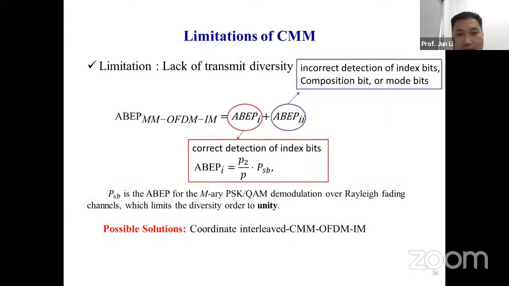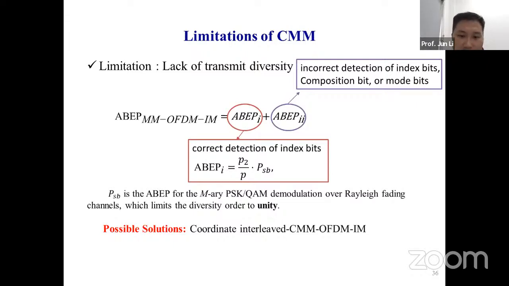This is the last slide, which is the limitations of composite multimode. In our scheme, we didn't consider the transmit diversity, because at high SNR only the modulation symbol will be detected, and the detection error comes from the modulation part.